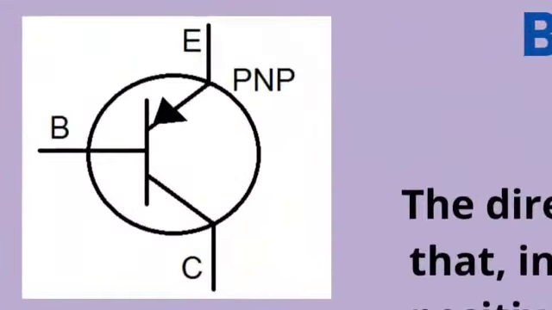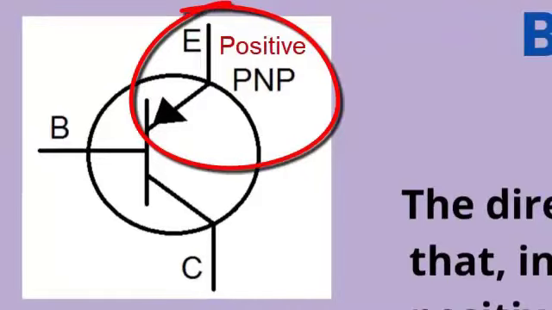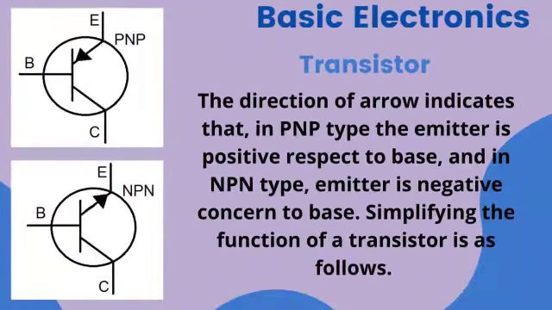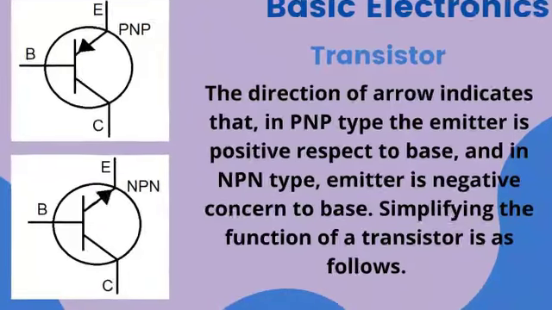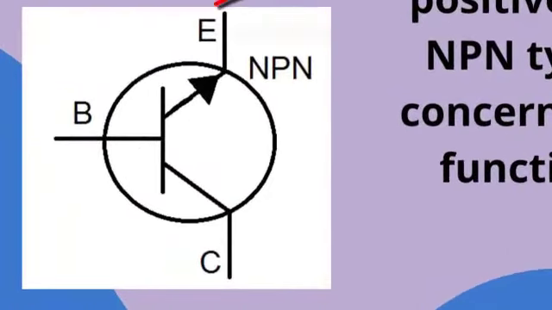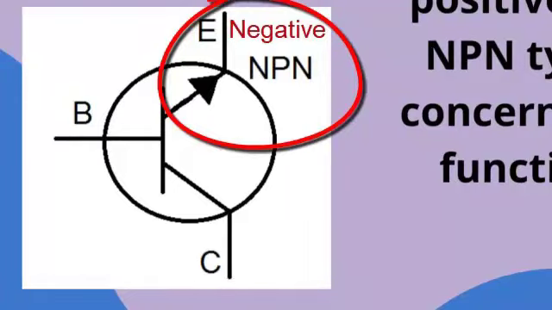The direction of the arrow indicates that, in PNP type, the emitter is positive with respect to the base. And in NPN type, the emitter is negative with respect to the base.